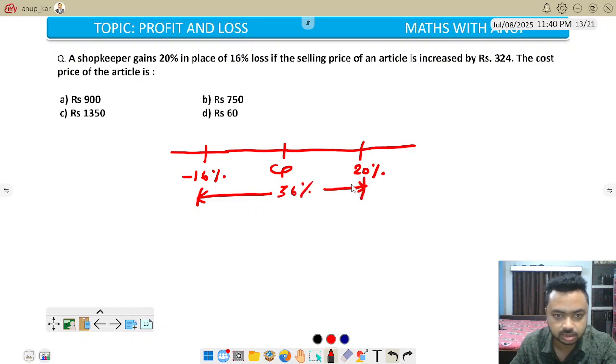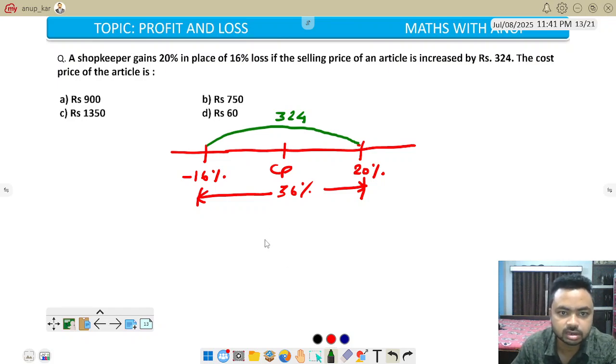And the selling price is increased by 324. According to the question, the selling price increased by 324.